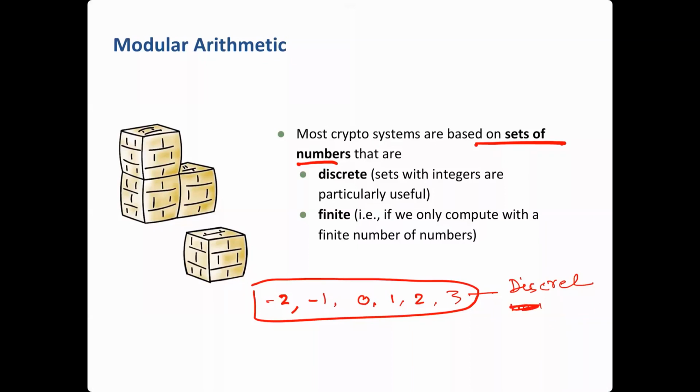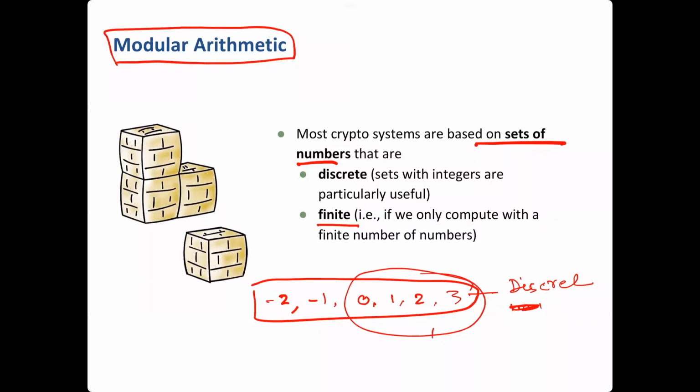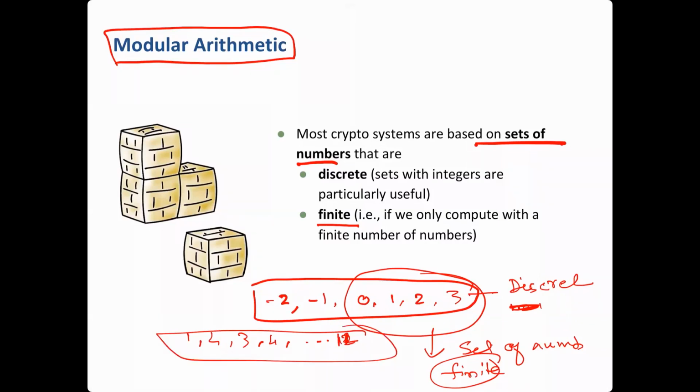Now, the second thing is that in modular arithmetic we take a finite set of numbers. So you say that I will take 1, 2, 3, 4 up to say 12, and then after that you won't have any other number.